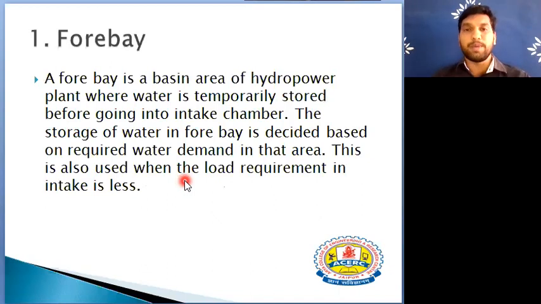Reservoir is also a type of forebay where the water is stored, and a dam is constructed across a river to store the water. So the forebay is a reservoir basin or storage basin which is generally used to store the water used for the generation of electricity, or we can say to rotate the turbine.